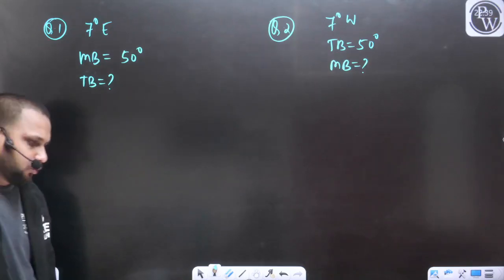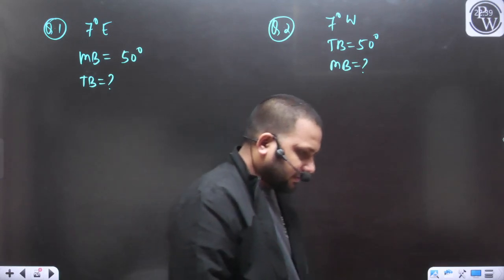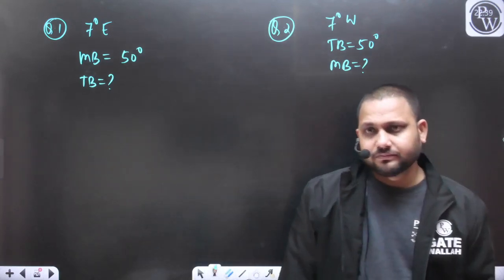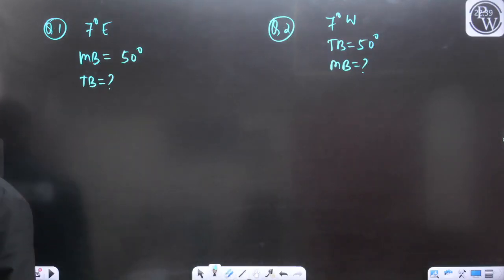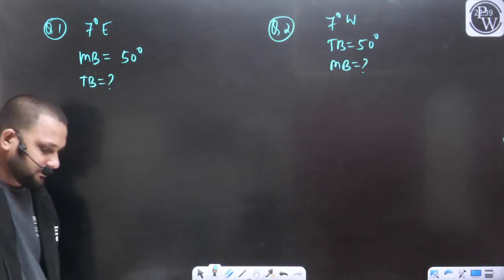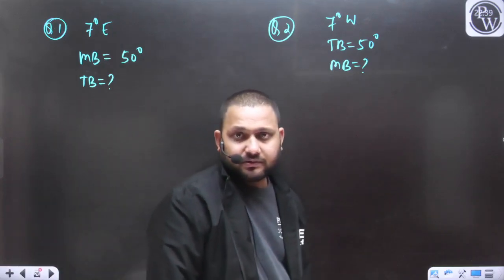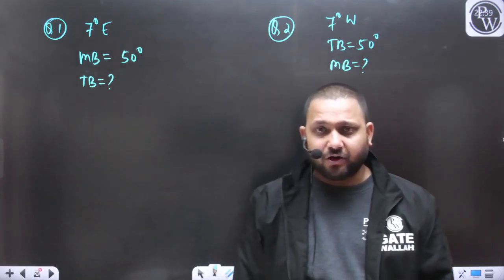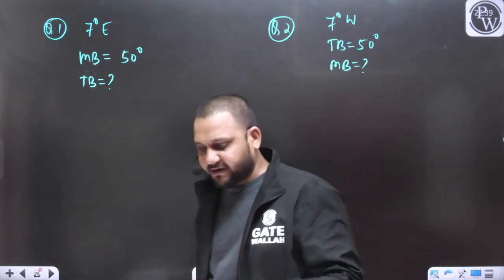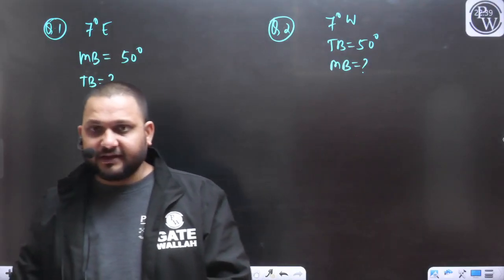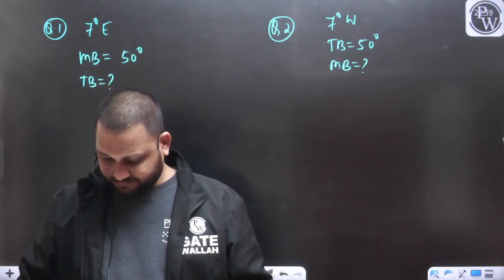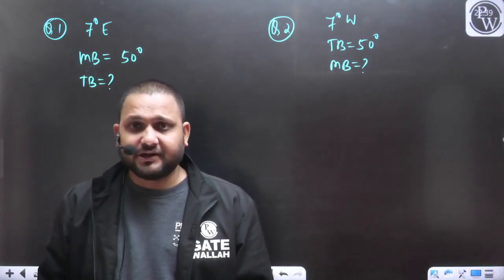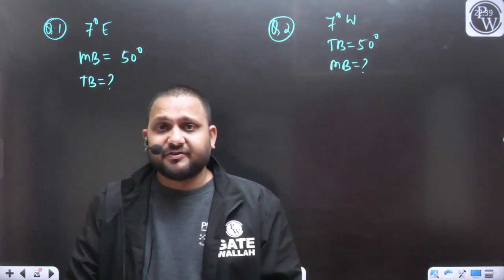Can you solve these two questions? Riya is saying the first answer is going to be 57 degree. Yes, Riya. Are you facing any difficulty in compass surveying? In the last lecture you were telling that compass surveying is a very difficult topic.